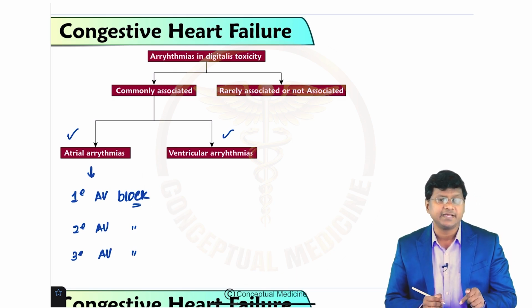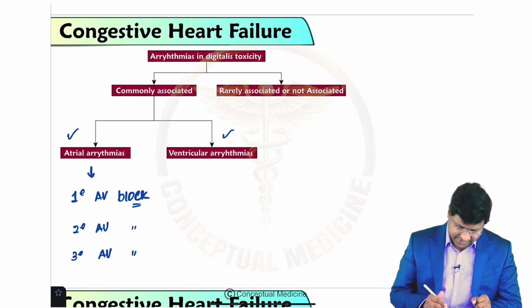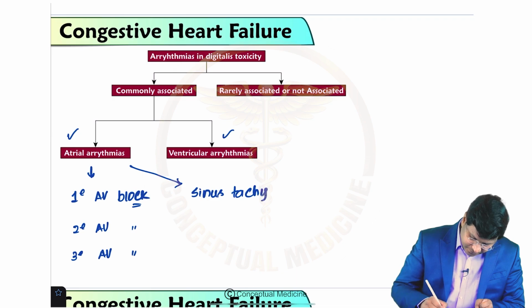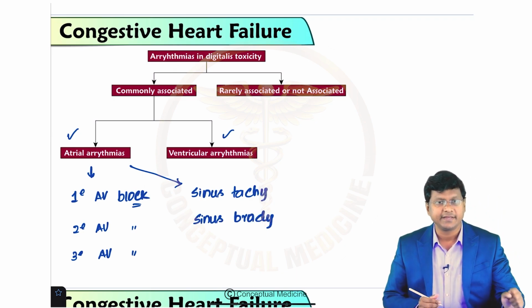So these atrial arrhythmias could be either bradyarrhythmias or tachyarrhythmias, including sinus tachycardia or sinus bradycardia.